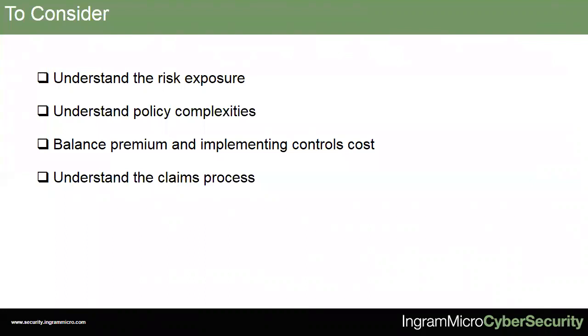The third point is that you should try to balance the premium and the cost of implementing controls. What does it mean? When you take a cyber insurance policy, you are going to pay a premium to get coverage of some amount, and at the same time you should also look at your organization: what level of security solutions you have, what level of IT security you are maintaining.